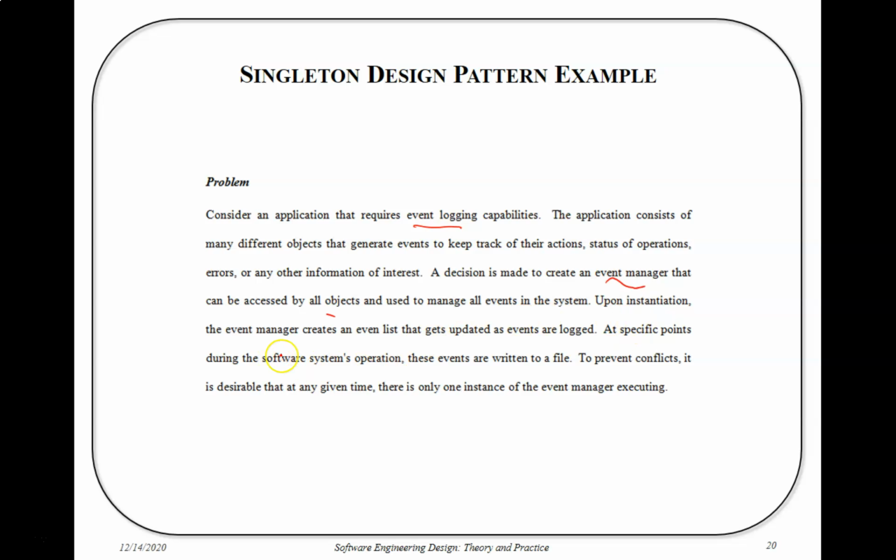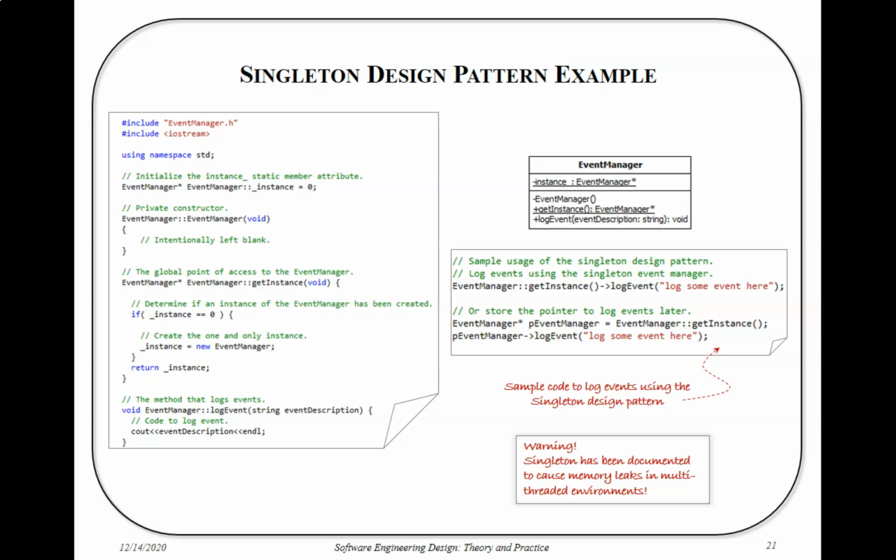Upon instantiation, the event manager creates an event list that gets updated as events are logged. At specific points during the software system's operation, these events are written to file. So to prevent conflicts, it is desirable that at any given time only one instance of the event manager is executing. So let's see how to implement the singleton class.